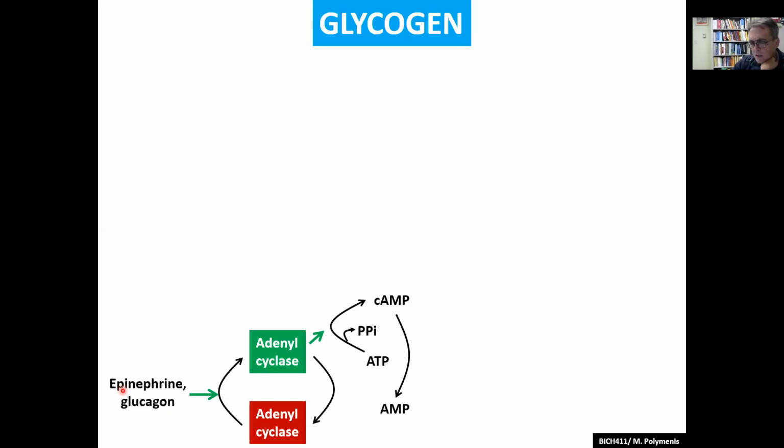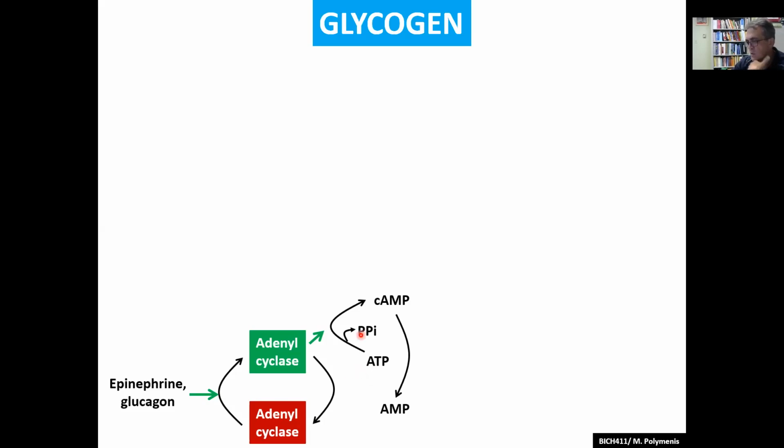So they hit an enzyme, adenylyl cyclase, which stays inactive, but in the presence of these hormones, it gets activated on the plasma membrane, actually on the surface. And what adenylyl cyclase does is take ATP, but doesn't break it down for energy purposes.